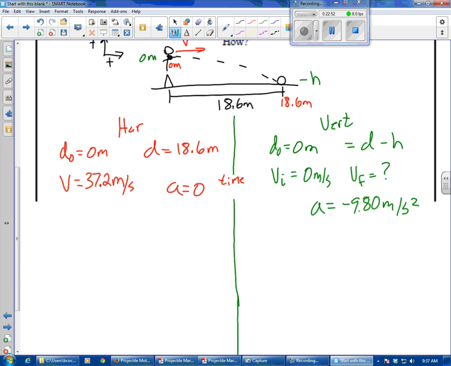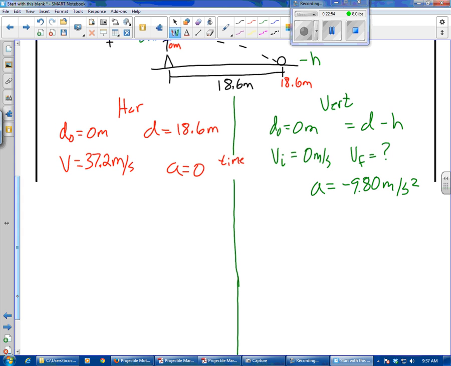Now horizontally, there's only one equation I can use because it has no acceleration, and that is d equals d naught plus v initial t plus 1/2 a t squared. I don't have any other equation to use. That last term is always going to be 0. So my d is 18.6 meters, and d naught is 0 meters.